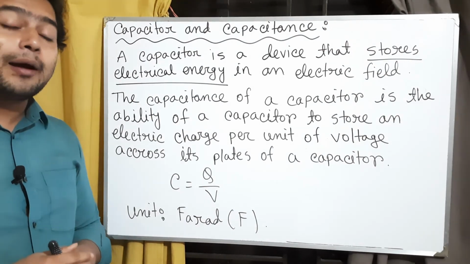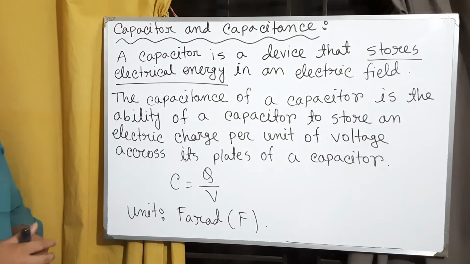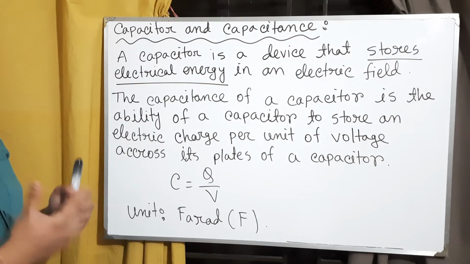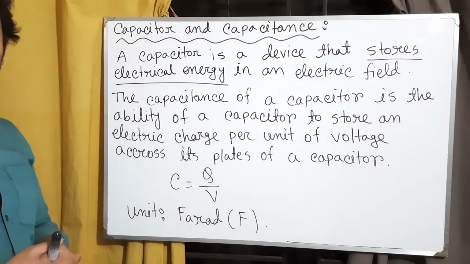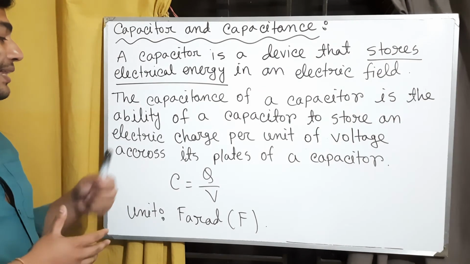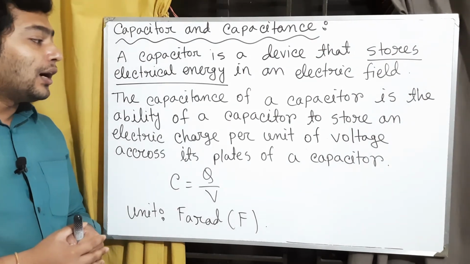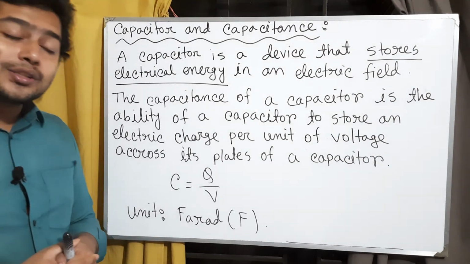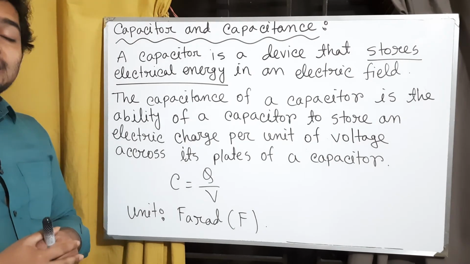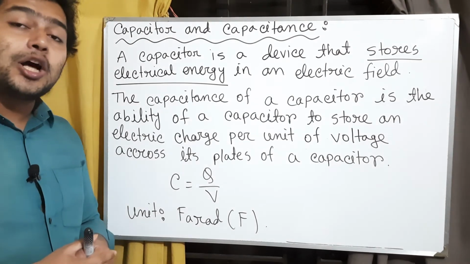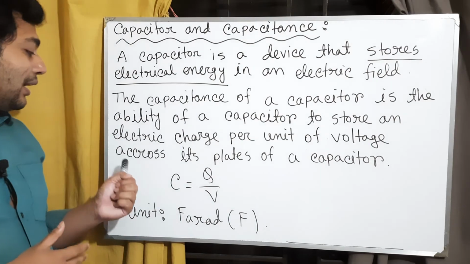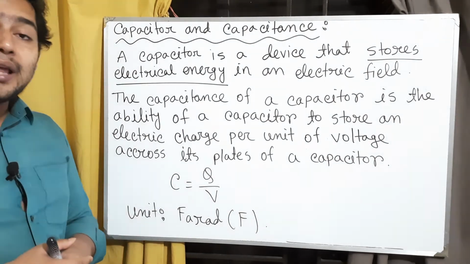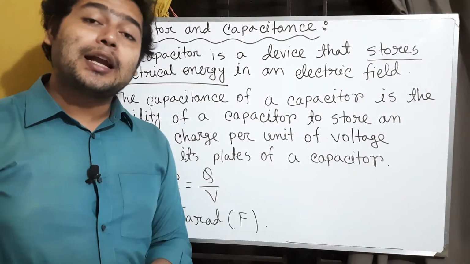So what is meant by capacitance? The capacitance of a capacitor is the ability of a capacitor to store an electric charge per unit of voltage across its plates.